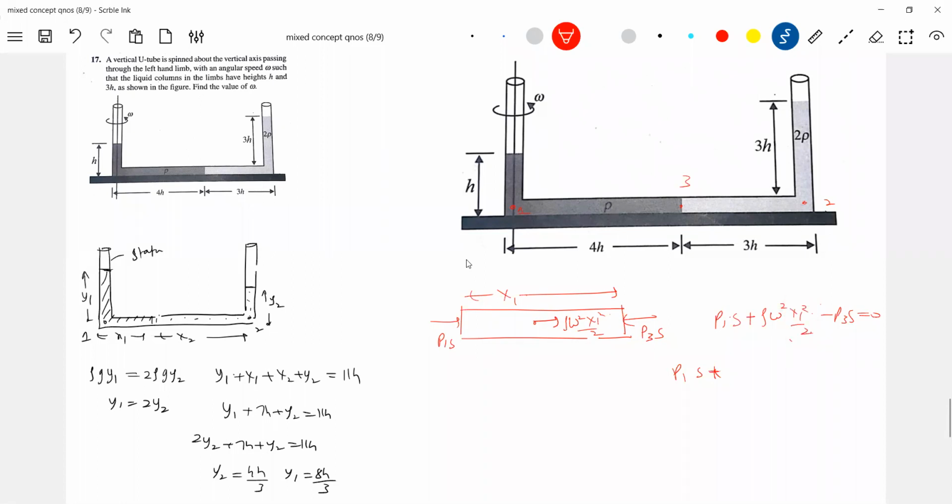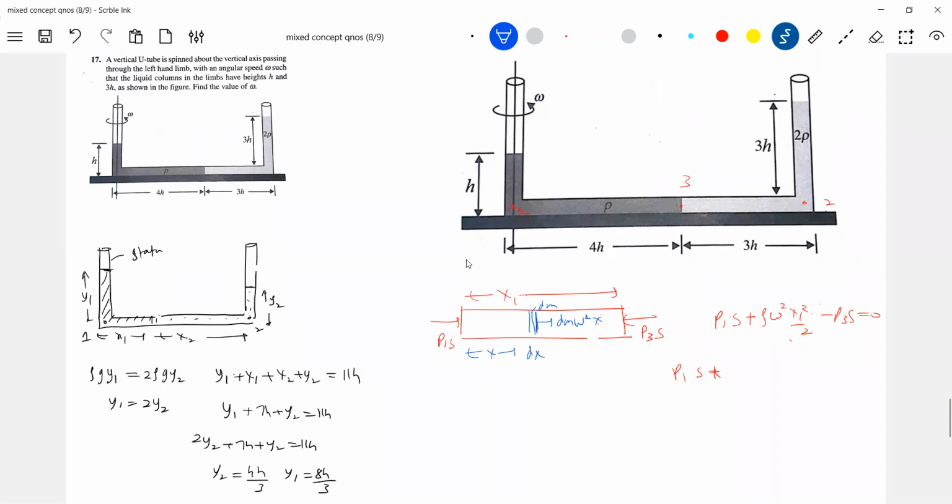Why by 2? Why not whole square? If you're getting confusion, we'll begin like this. Small element, you take it dx. This is dm. Then how much is the pseudo force? We assumed it at a distance x. So dm omega square x, you are going to write it.